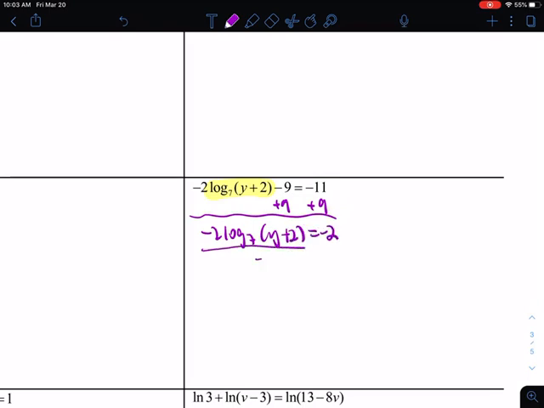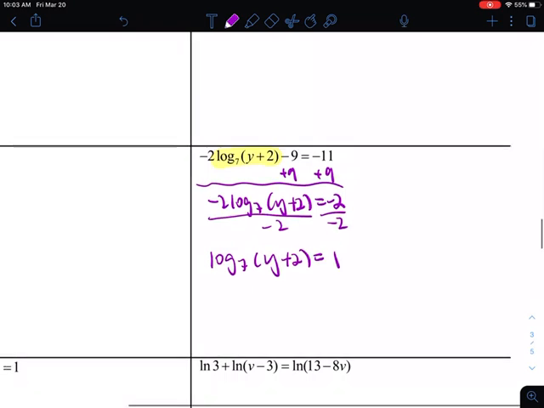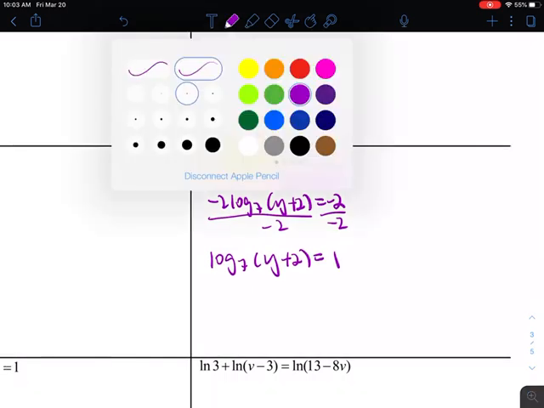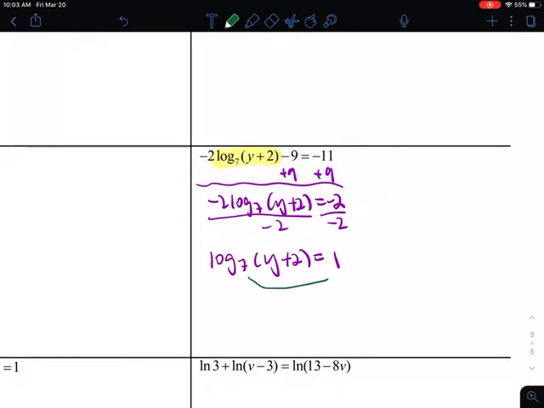Y plus 2 equals negative 2. Then let's divide by negative 2. So I'll get log base 7 of y plus 2 equals 1. Once again, let's rewrite this in exponential form. So I get 7 to the first power equals y plus 2.